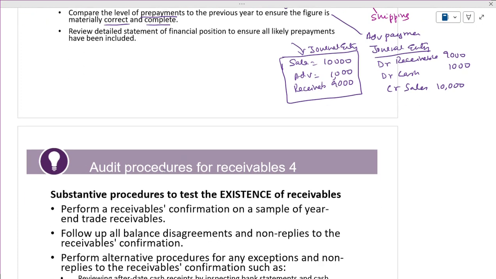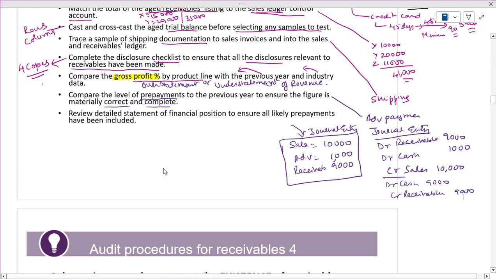Now you see the thing. They have this one. Next they are going to receive it. They are receiving cash. What will happen? Debit will be cash 9,000. Credit will be receivables. Debit will be the cash, credit will be receivable. This is the way.